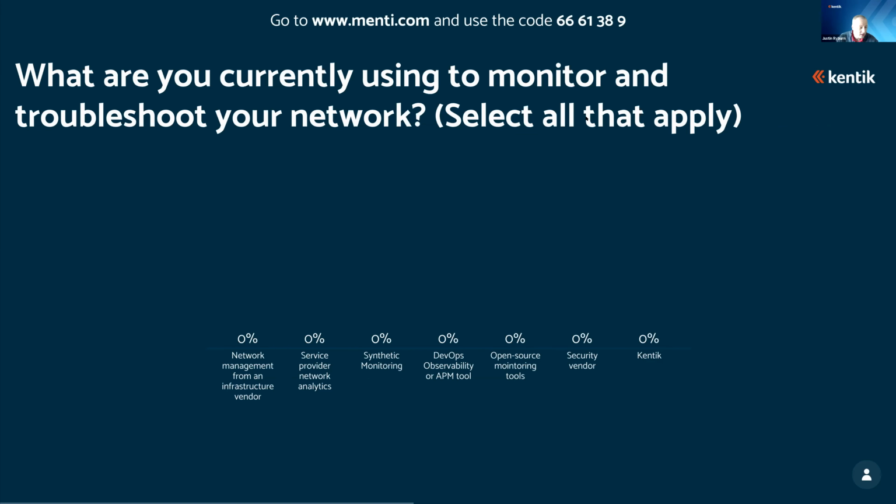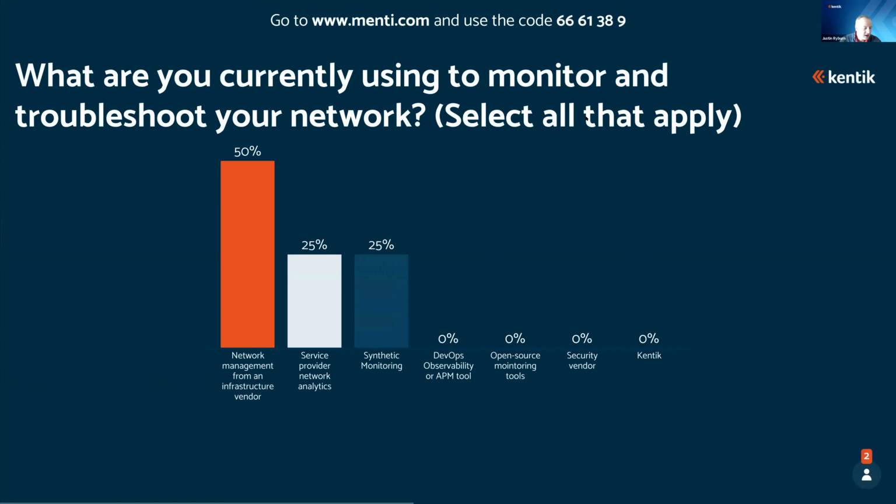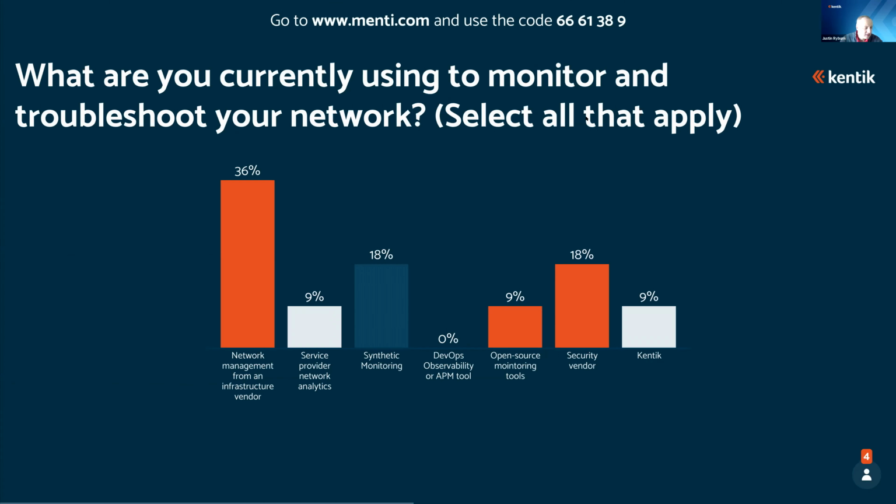Let me refresh here and see if we've got any answers in. We got a few answers in. I'll give a minute for answers to roll in. Let me refresh this. Cool. It seems like a little of everything, but the winner here seems to be network management from an infrastructure vendor.